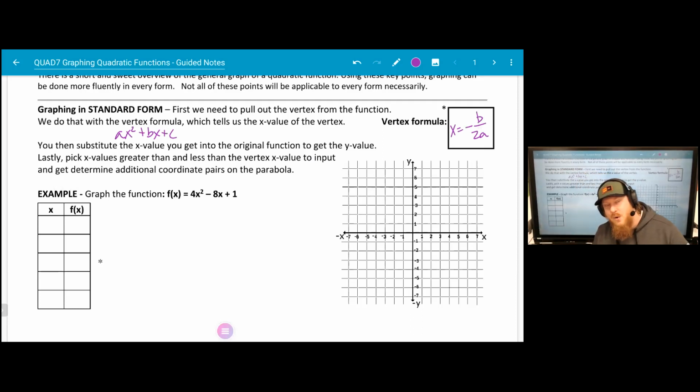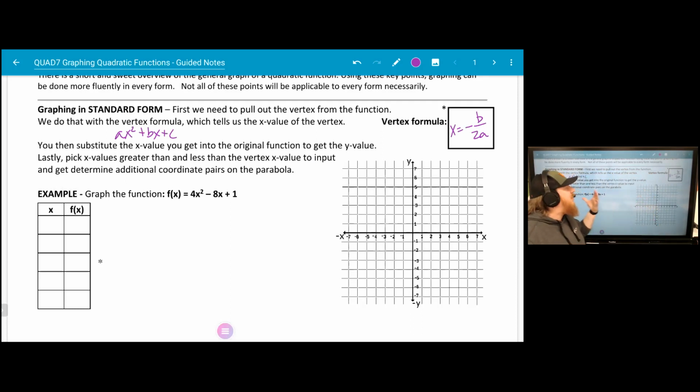It has its origins, its roots in there. Once we find the x coordinate of the vertex, we're going to plug that back in to find the y value of the vertex. Then we're going to find some more values to plot around it. We're going to get from that our axis of symmetry, and after that we can find our y-intercept and our x-intercepts, all that good stuff that we need.